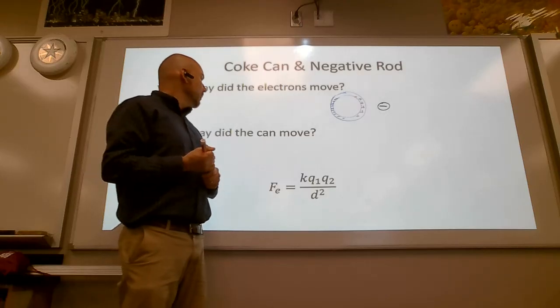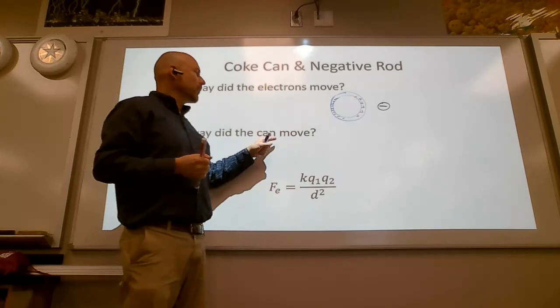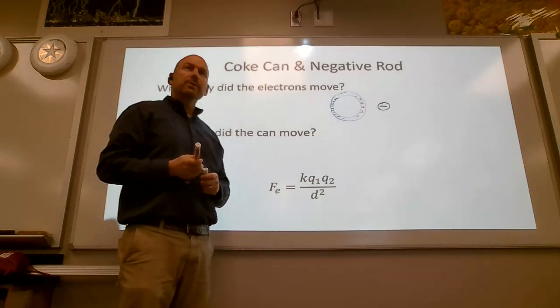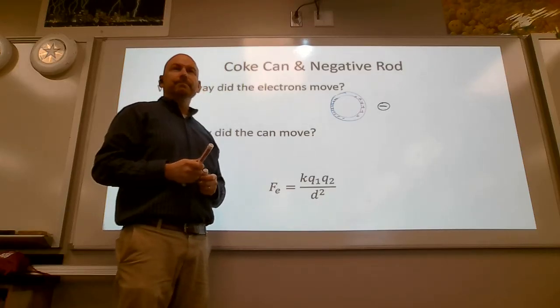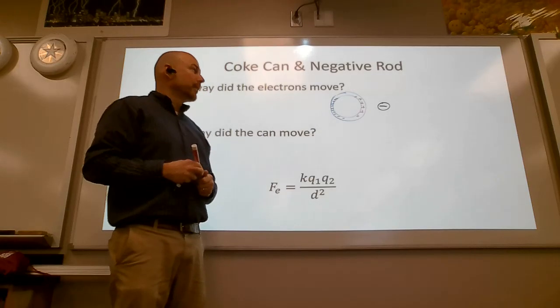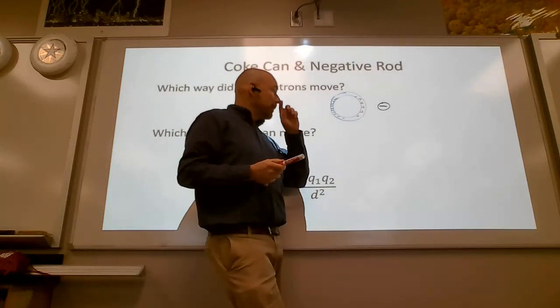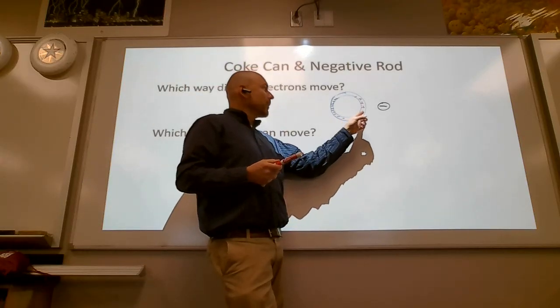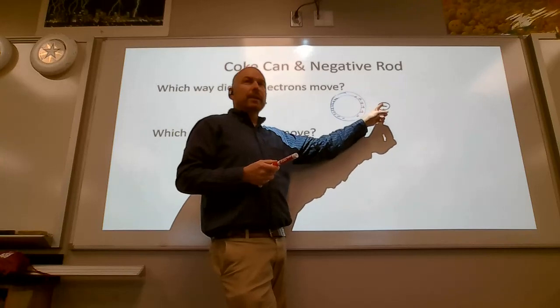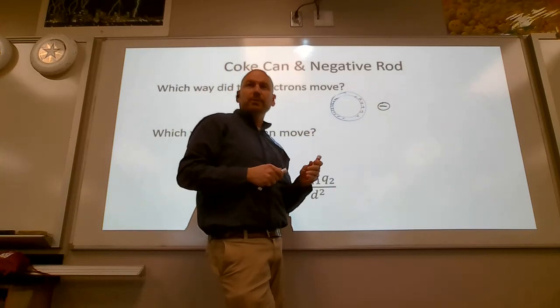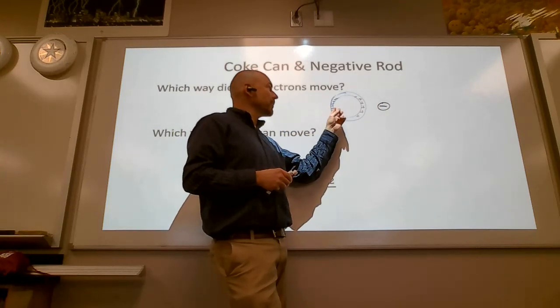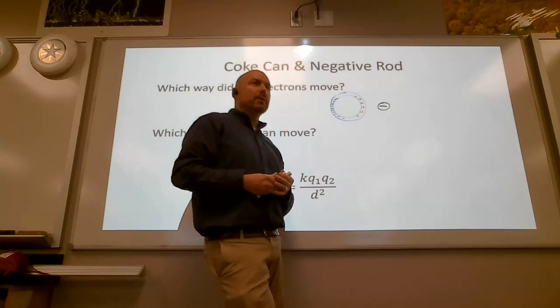So, if the electrons ran away, why did the can move towards the rod? What's going on between the protons and the negatively charged rod? Attraction or repulsion? Attraction. What's going on between the electrons and the rod?